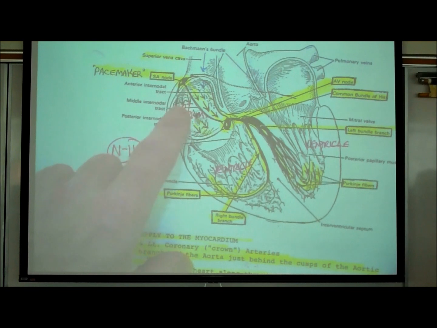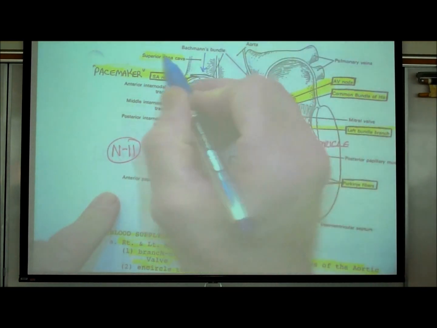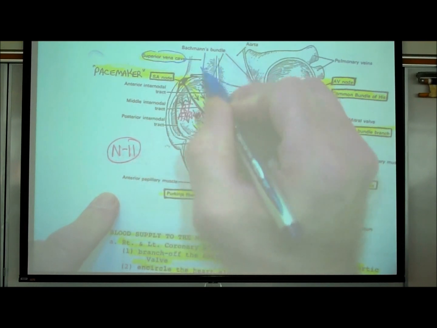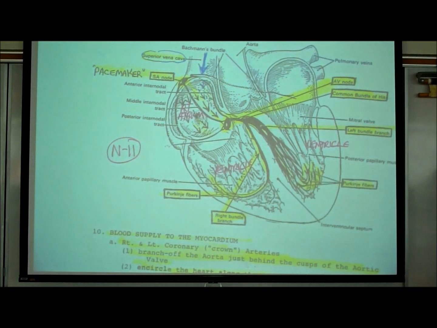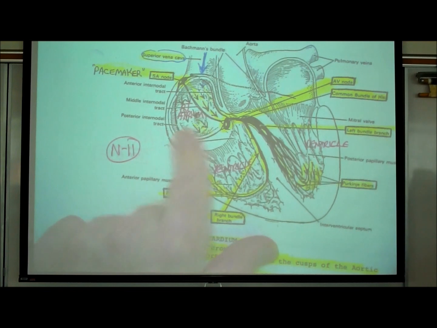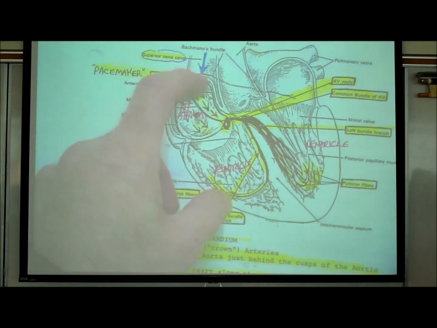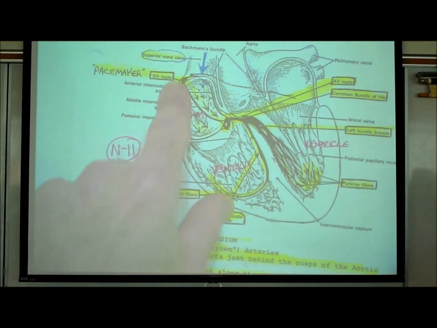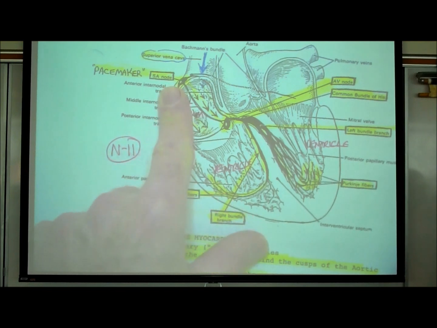The sinoatrial node is located right where the superior vena cava connects to the right atrium. After all, we know that the two large veins, the superior and inferior vena cava, bring blood low in oxygen to the right atrium. This is the right atrium right in here. So right where the superior vena cava connects to the right atrium, that's about where this SA node is.